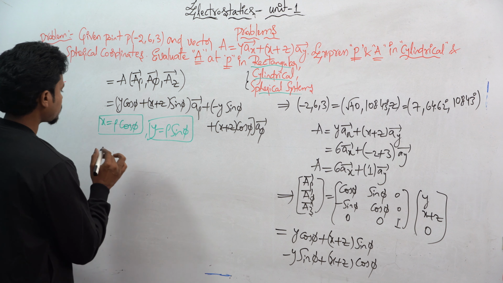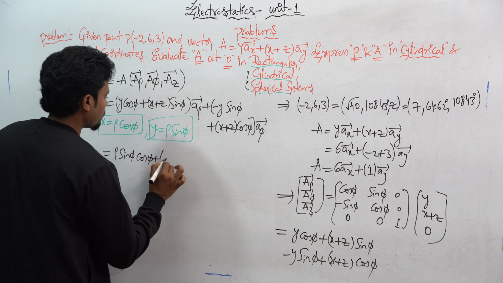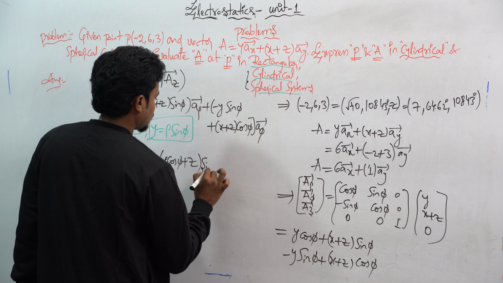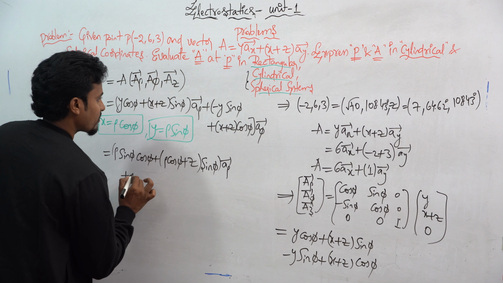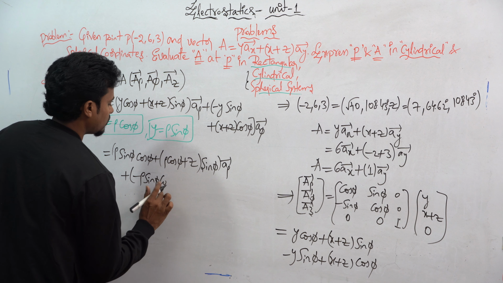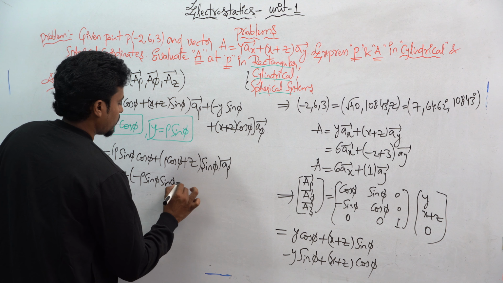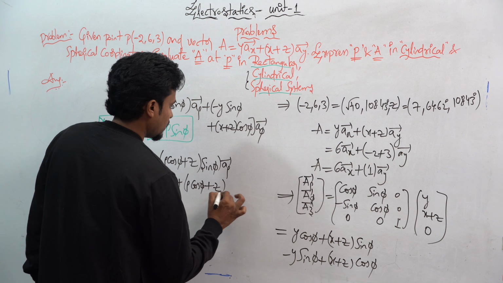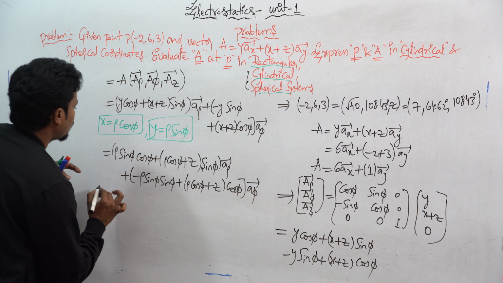This will become (y = ρ sin φ) cos φ plus (x = ρ cos φ) plus z, which is constant, you don't have any value, times sin φ a_ρ bar, plus minus (y = minus ρ sin φ) sin φ plus x with ρ cos φ plus z cos φ into a_φ bar.